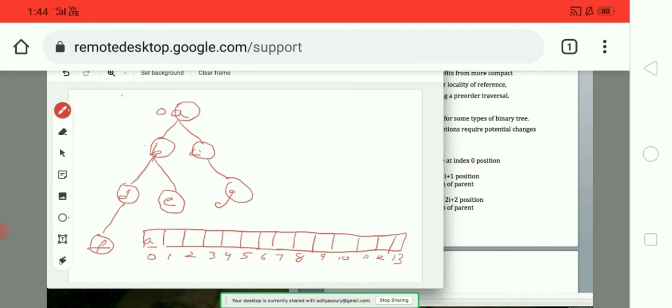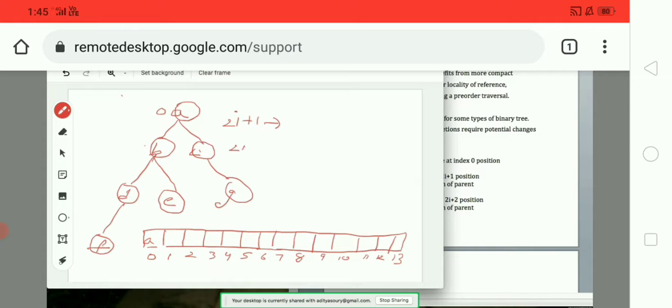Now A has 2 children, one is B and another one is C, and B is in left side and C is in right side. So we have to store the B element in 2i plus 1th position if it is in left side.